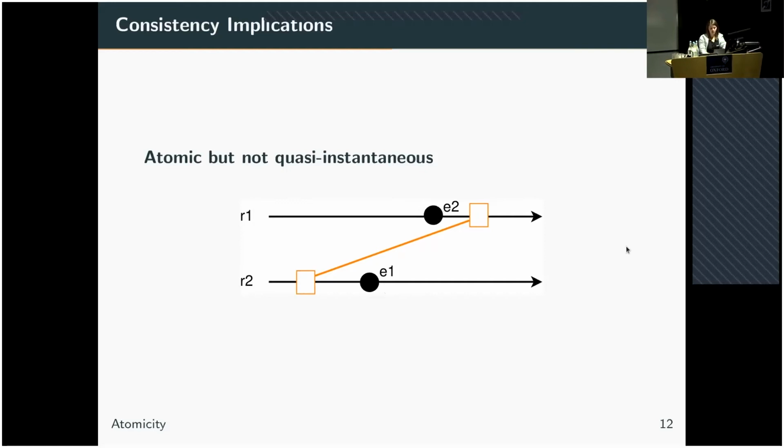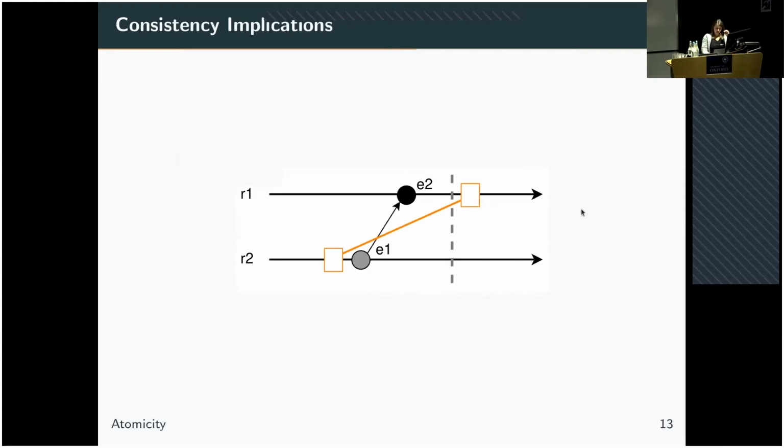But it's the same example that we saw earlier for a not quasi-instantaneous snapshot. We cannot find a hypothetical instantaneous snapshot that would have produced the same result as what we see in our snapshot. But what about the other way around? Is every quasi-instantaneous snapshot also causally consistent?